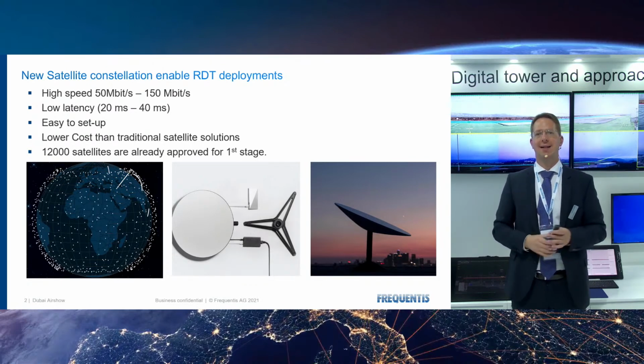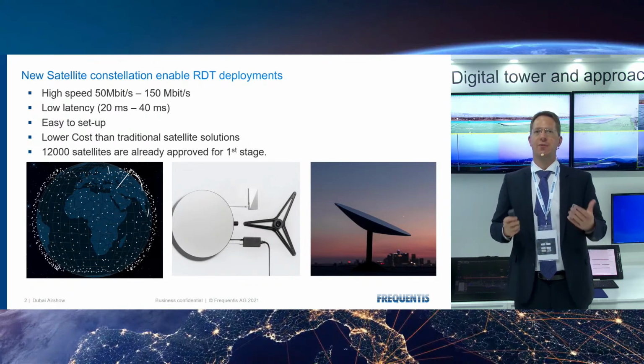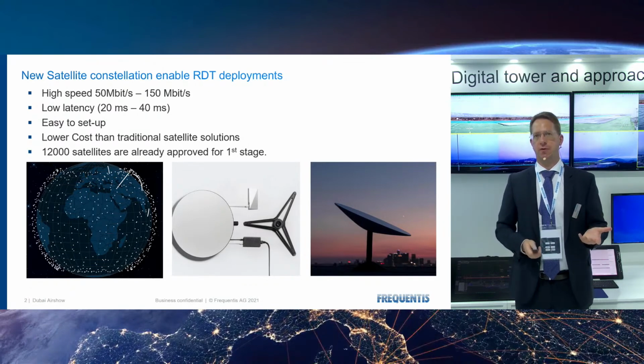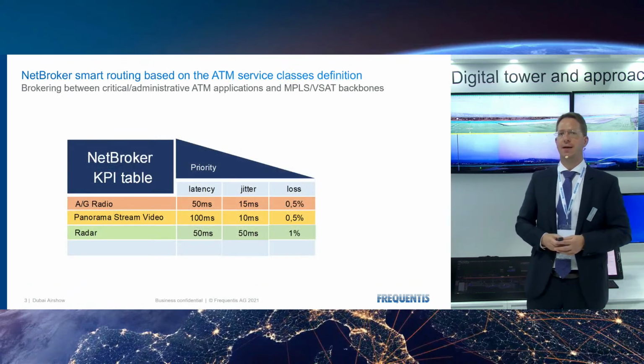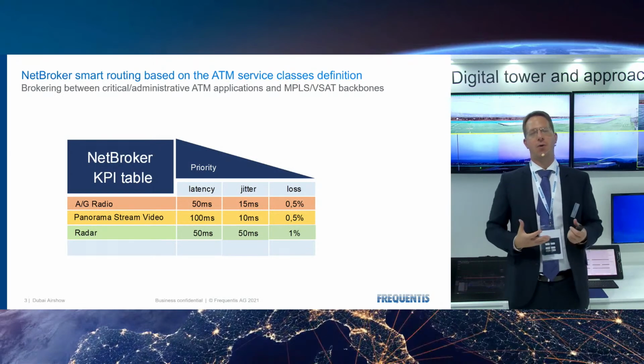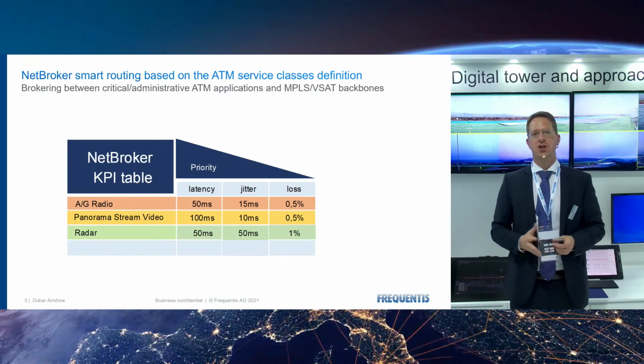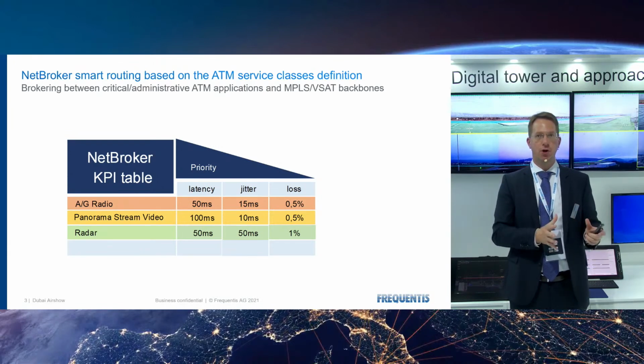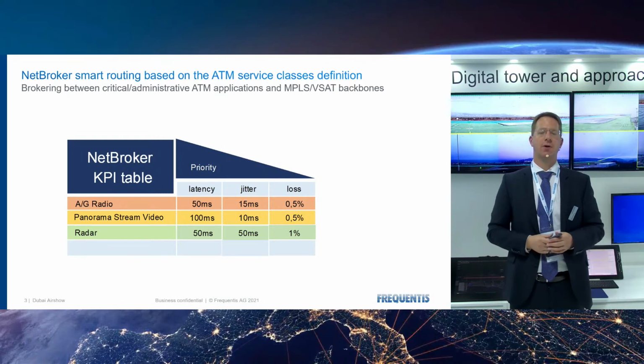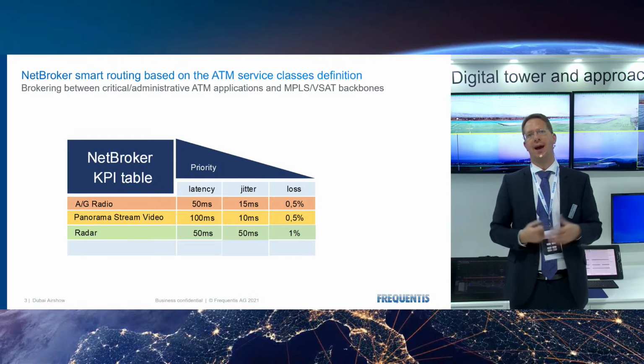But to handle that, you need a special network management system. And what we are providing is our product NetBroker, which manages the network between the airport and the remote tower center. So what does a NetBroker exactly do?